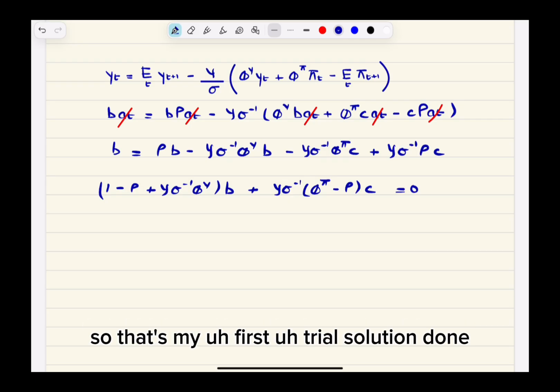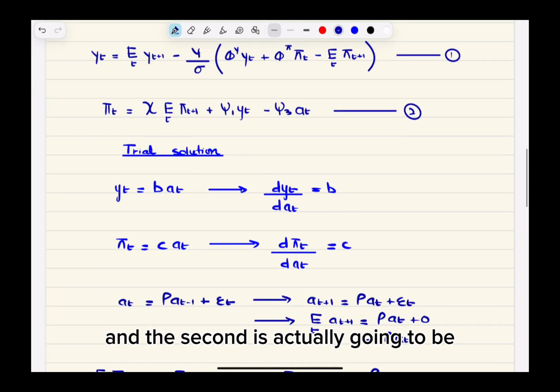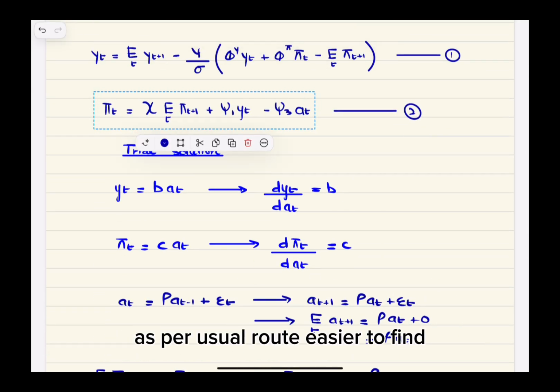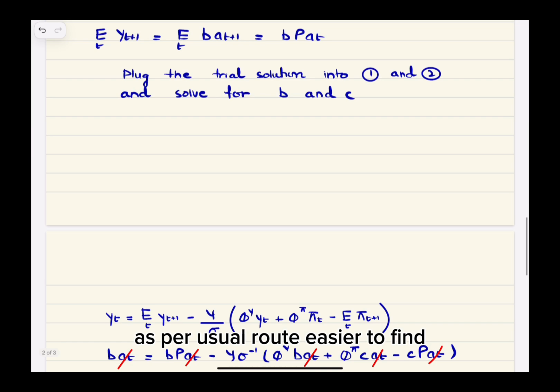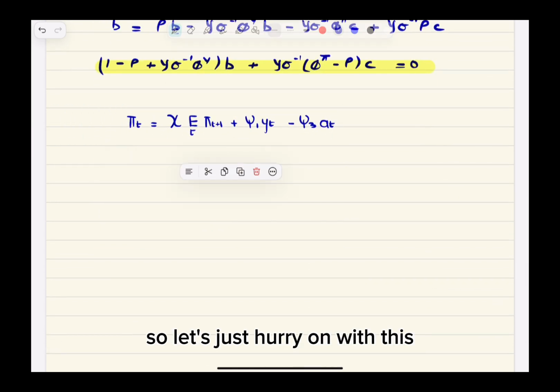So that's my first trial solution done, and the second is actually going to be as per usual easier to find. So let's just hurry on with this.